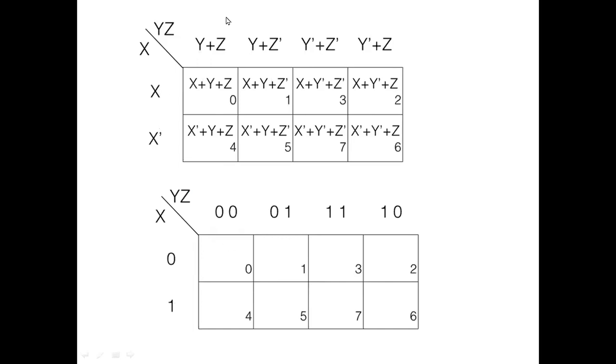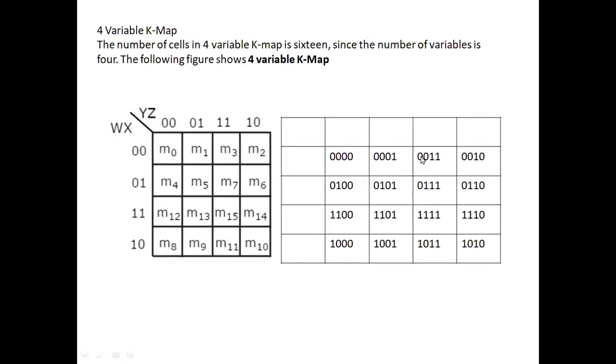So it is x plus y plus z, then x plus y plus z bar, x plus y bar plus z bar, x plus y bar plus z, x bar plus y plus z, x bar plus y plus z bar, x bar plus y bar plus z bar, and x bar plus y bar plus z. That is how we will represent.